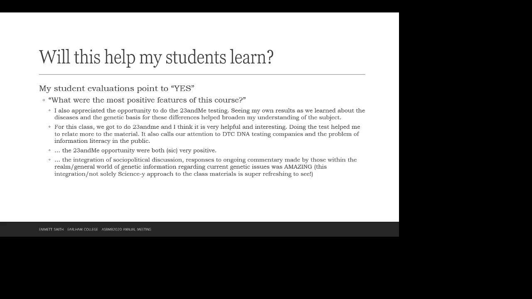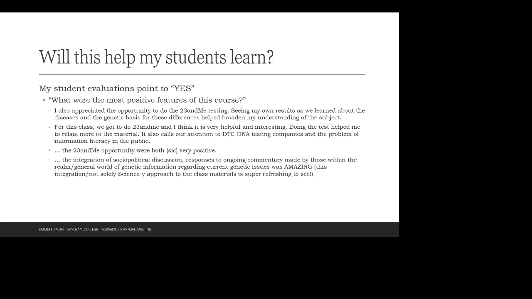Another student said the 23andMe opportunity was very positive. And then the fourth student mentioned that the integration of socio-political discussion, responses to ongoing commentary made by those within the world of genetic information, and current genetic diseases was amazing.